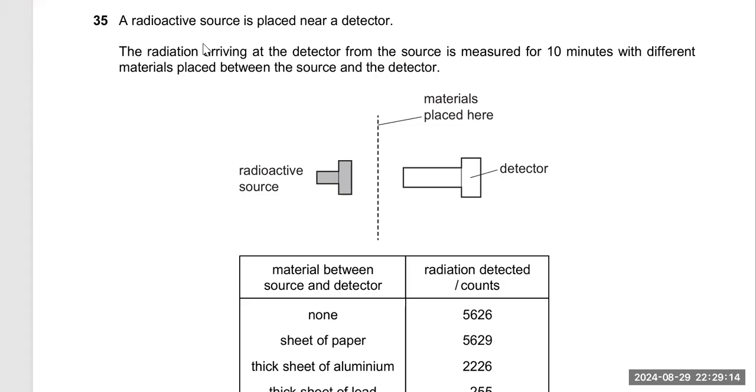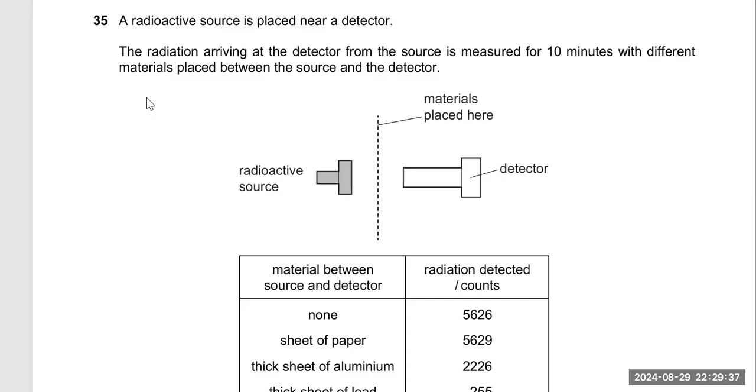You can understand from another point of view: alpha particle has more ionizing ability. Beta particle has less ionizing ability. Gamma has, you can say, no ability of ionizing the atom.